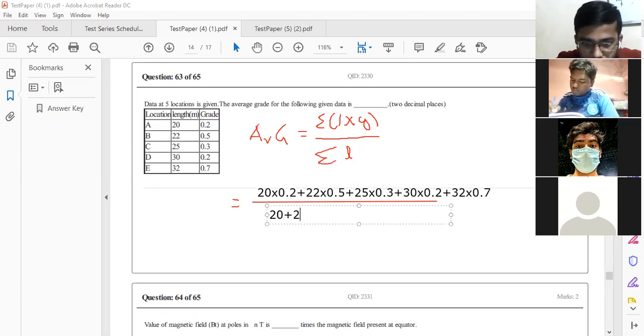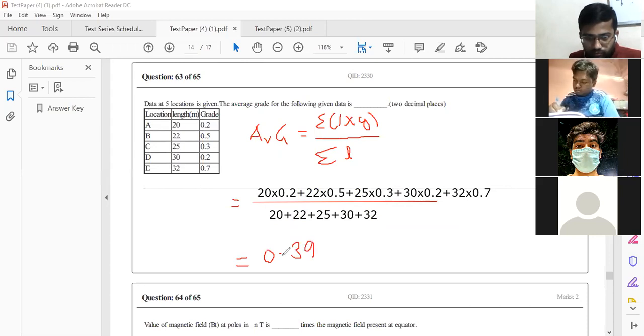Twenty plus 22 plus 25 plus 32. Solve this, you will get 0.39. Clear?